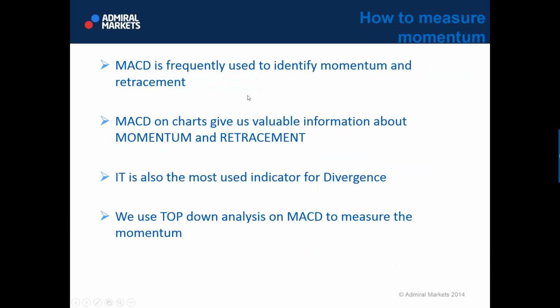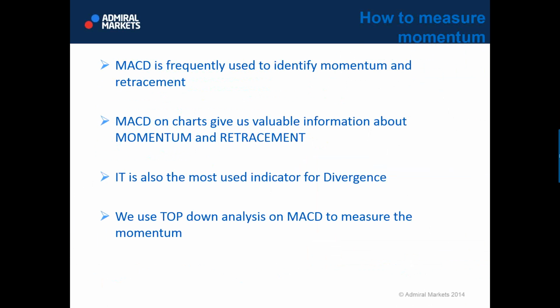My favorite, as you already know, is MACD. Now I will teach you how to measure momentum with the MACD indicator, because MACD gives you valuable information about momentum and retracement. MACD is also the most used indicator for divergence. Now we will not talk about divergence.